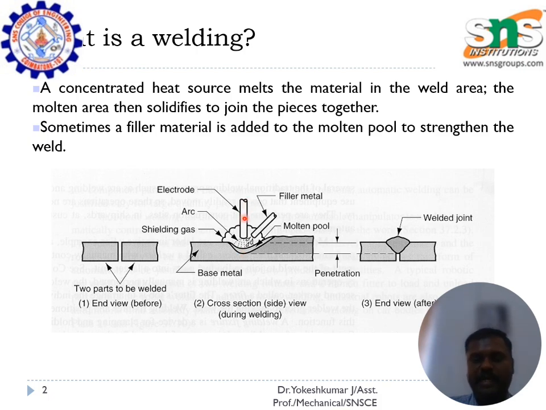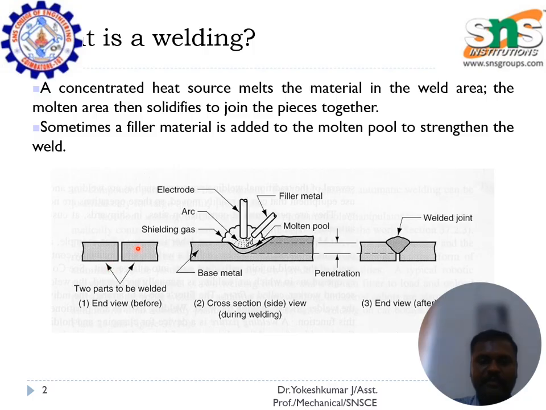If the electrode is negative, then the workpiece is positive, or if the workpiece is negative, then the electrode is positive. This is used to raise the temperature of the metal to its molten state. When it is heated to a molten state, the molten weld pool is formed at the bottom. To avoid oxidation, sometimes shielding gases are added.